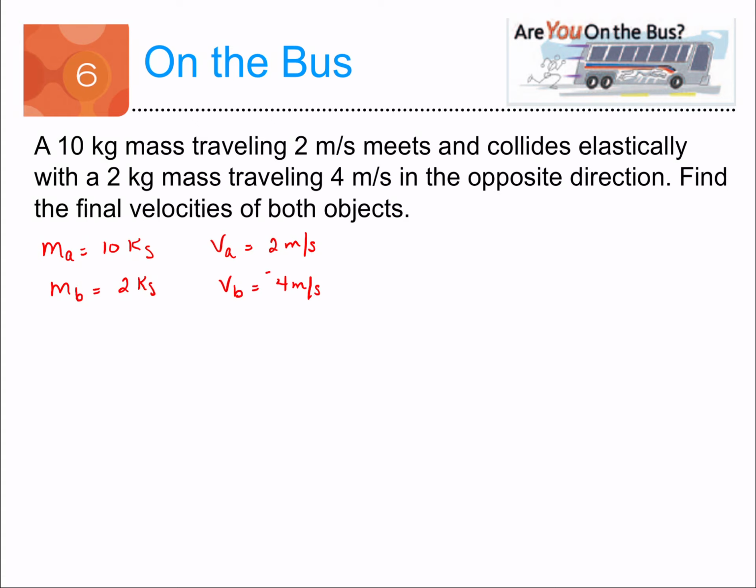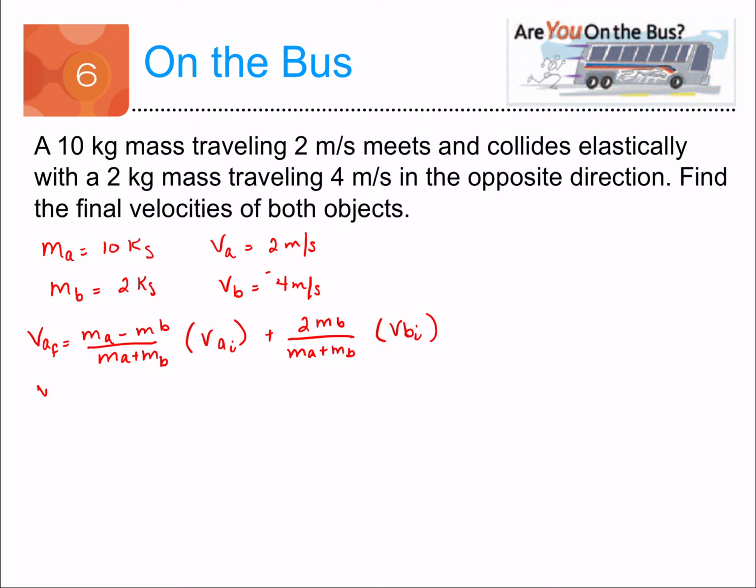So we want to go get those formulas that we talked about under elastic collision. VAF is going to equal (MA minus MB) over (MA plus MB) times VAI plus 2MB over (MA plus MB) times VBI.